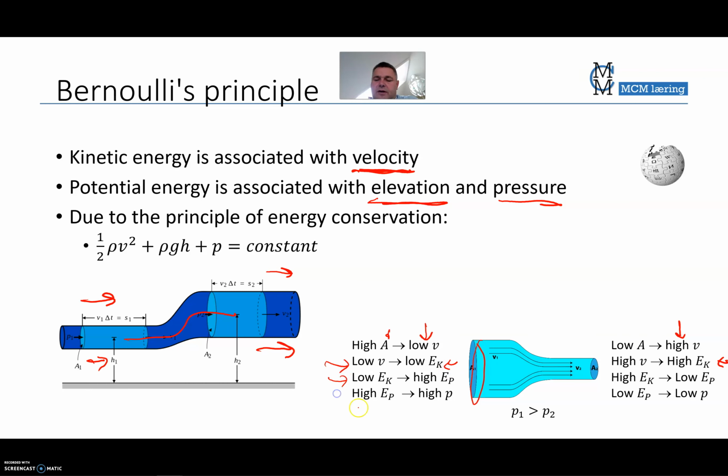If we have a low kinetic energy, we get a high potential energy, while in this end we have a low potential energy. High potential energy means that we have a high pressure, because the pressure is associated with the potential energy, and low pressure here. So in this pipe, when the fluid runs, we have high pressure here, and we have low pressure here.